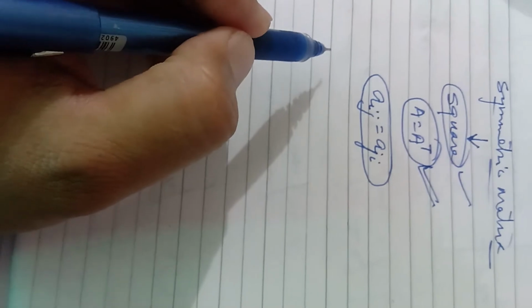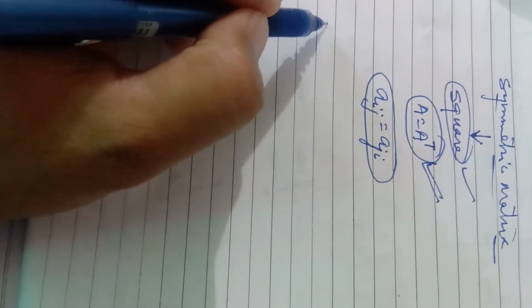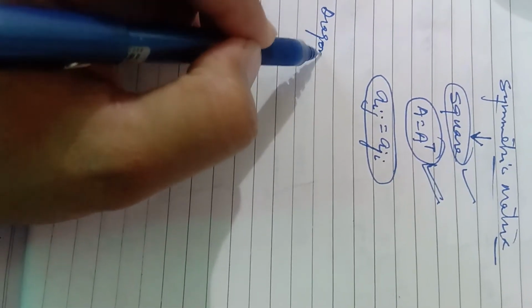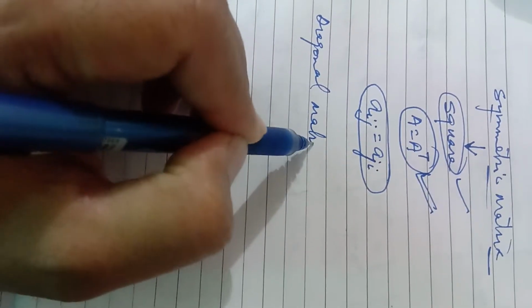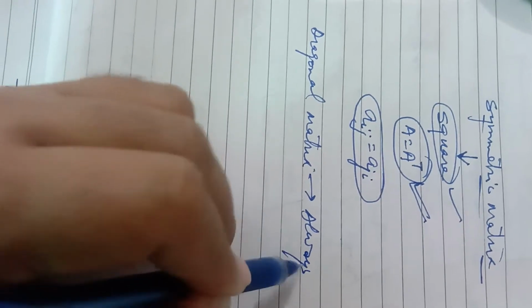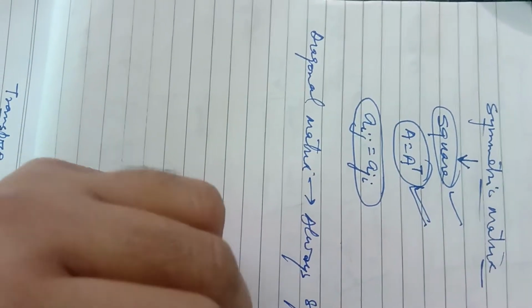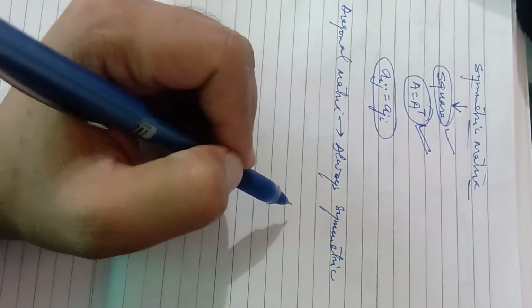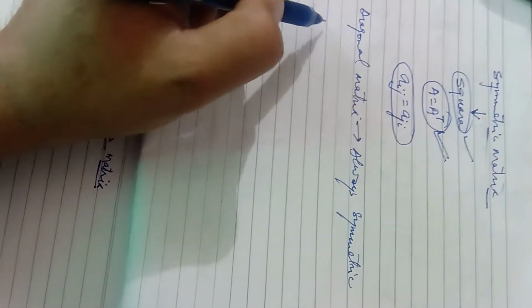So in our previous lecture we also talked about some examples, like a diagonal matrix, which is always symmetric. What do we have? Some more matrices other than the diagonal matrix which are also symmetric. Let's have a few examples.